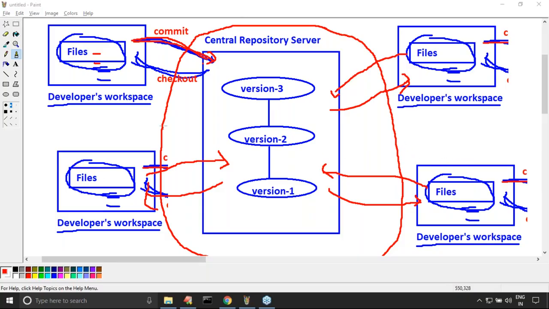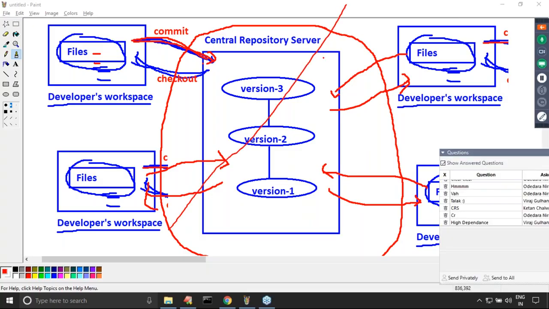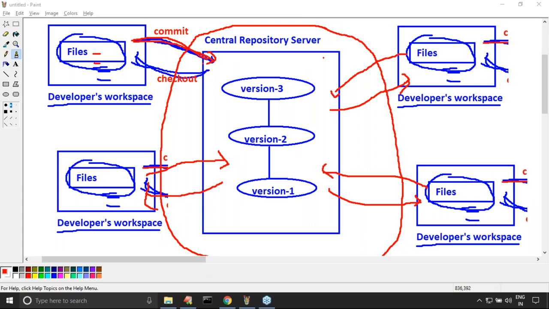The total project code is saved at a central repository. Tomorrow, if something happened to the central repository server, is recovery easy or difficult?